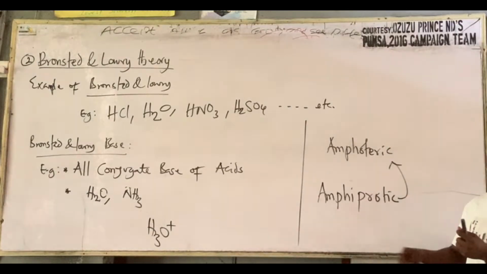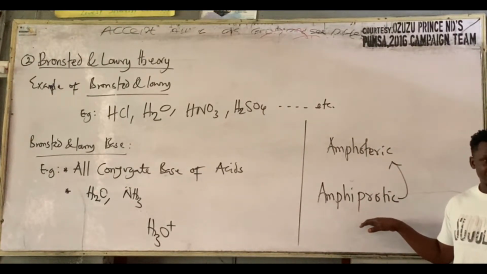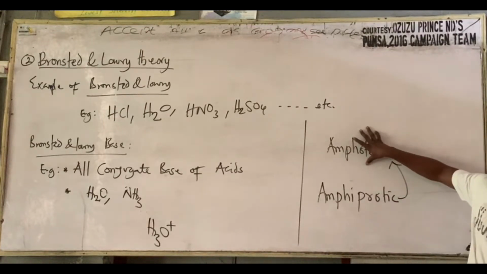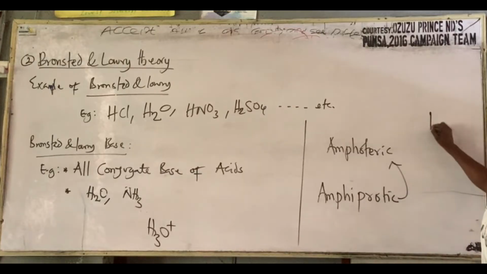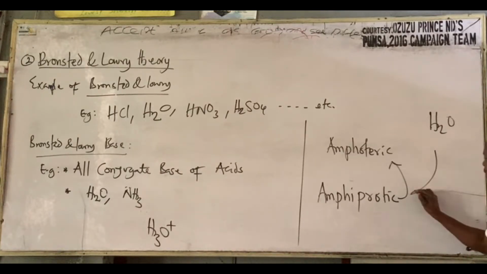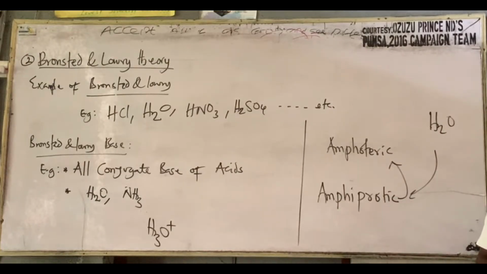But we know that the concept of acid and base goes beyond protons, right? So there are compounds that are amphoteric, but they are not what? But water is amphiprotic by nature. Right? Maybe somebody asks you why it is not amphiprotic, but this one is just to boost your knowledge.